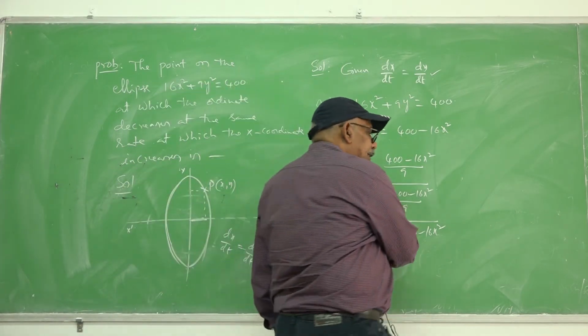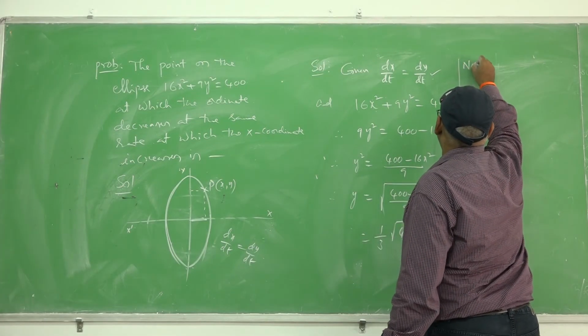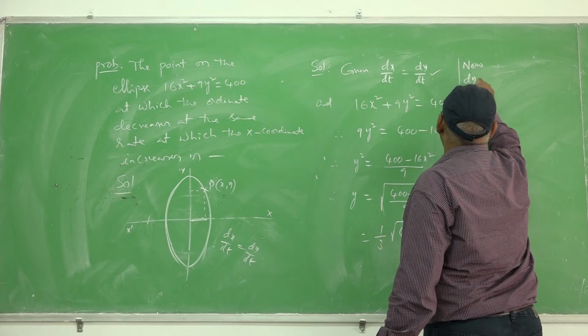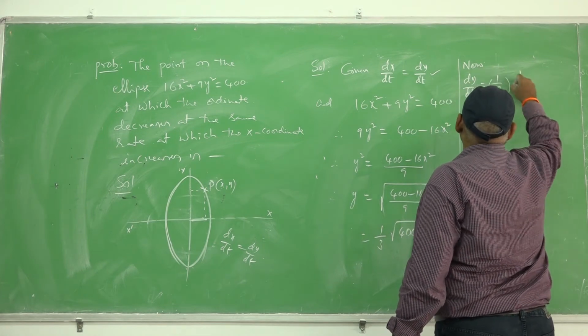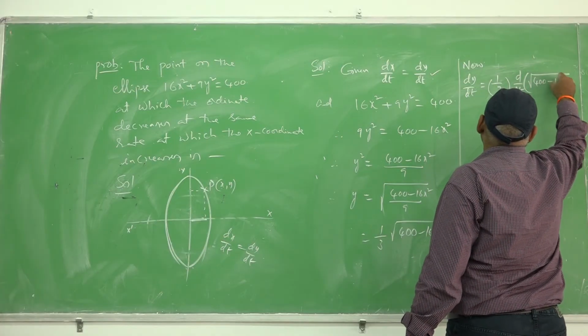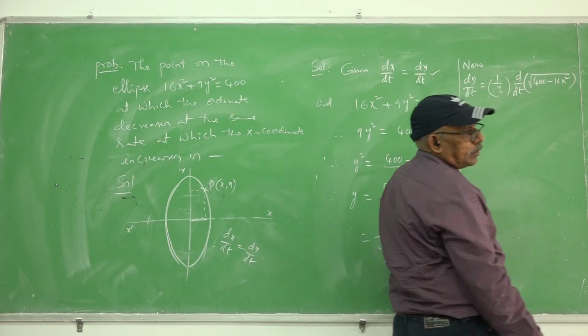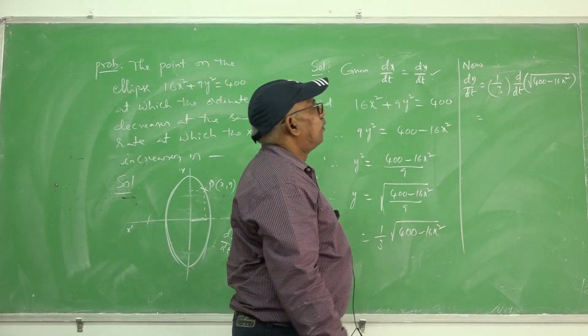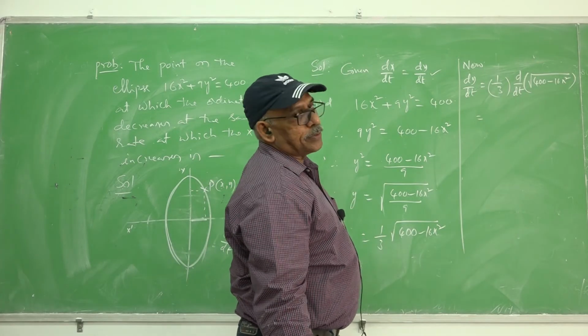Now differentiating this relation. dy by dt is 1/3 of d by dt of root over 400 minus 16x square. We have to differentiate with respect to t.